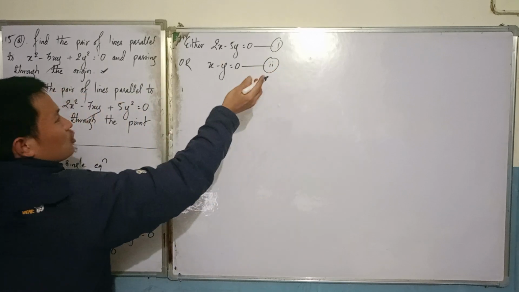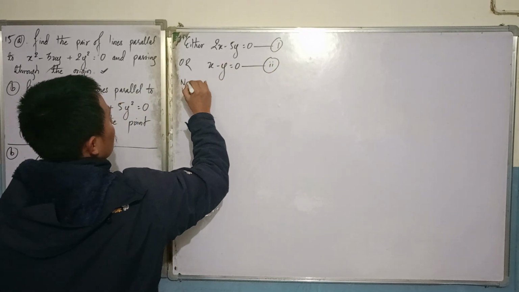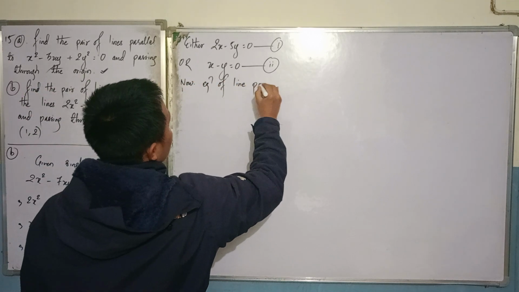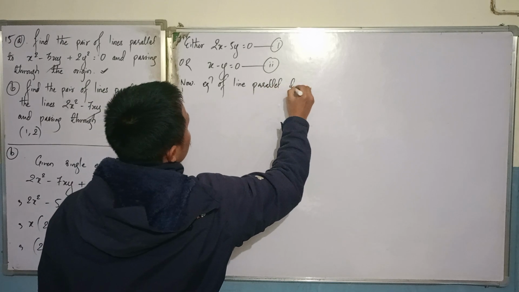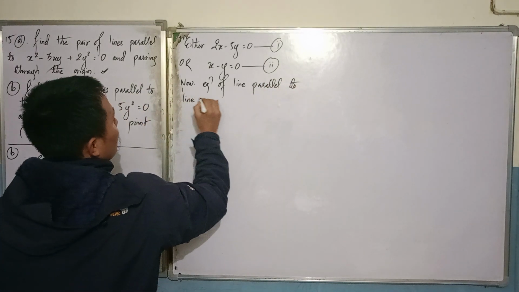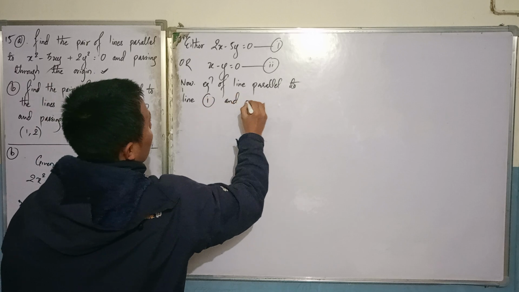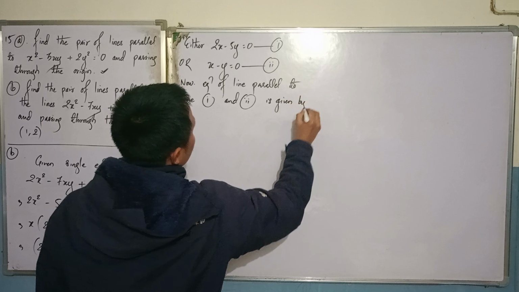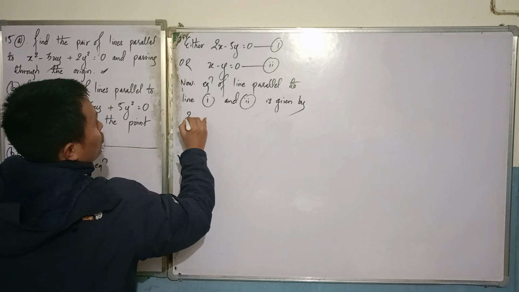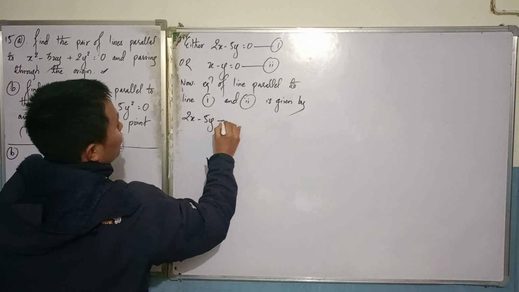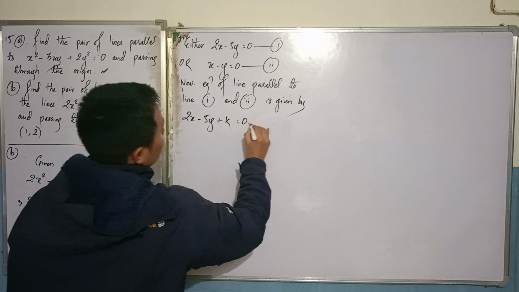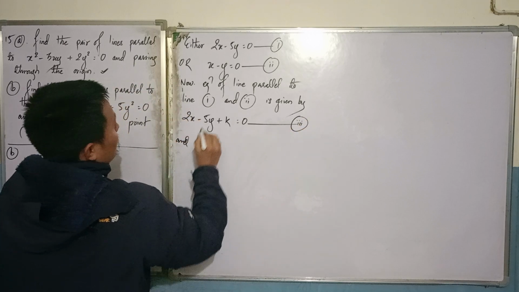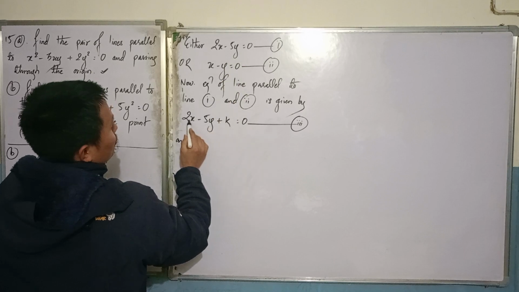Now suppose the equation of the line parallel to line I and II is given by 2x minus 5y plus k equals 0. Let's consider this line III, and the line parallel to this line will be 2x minus 5y.